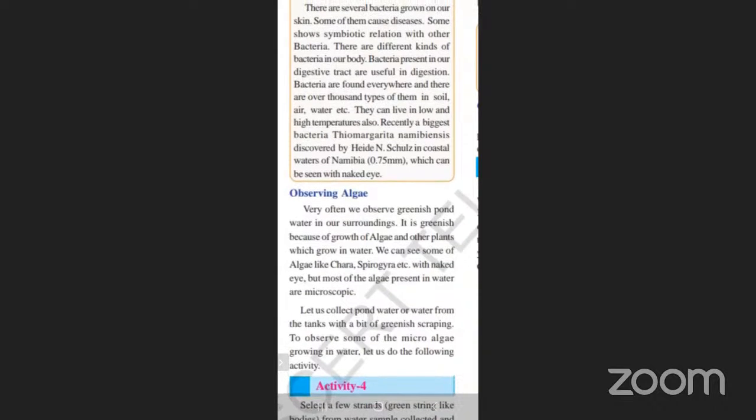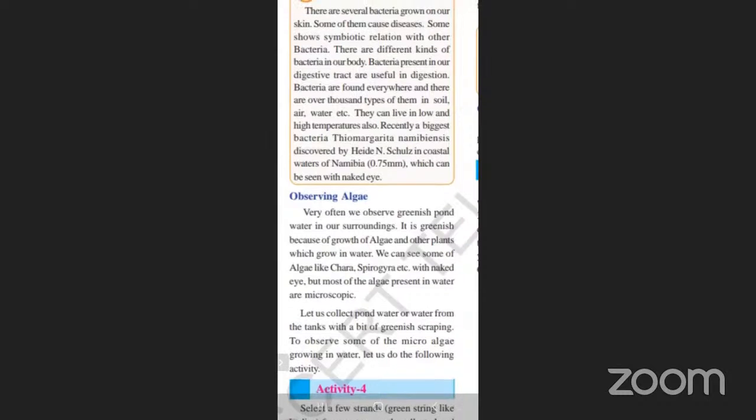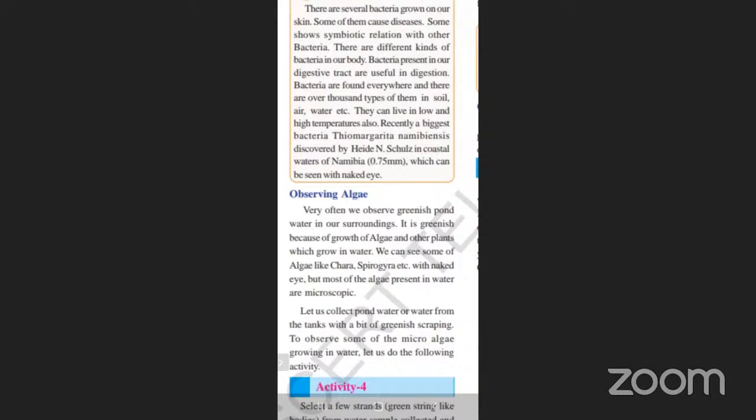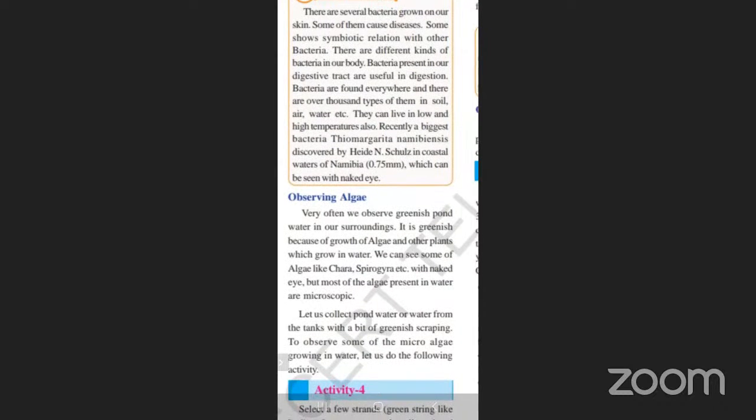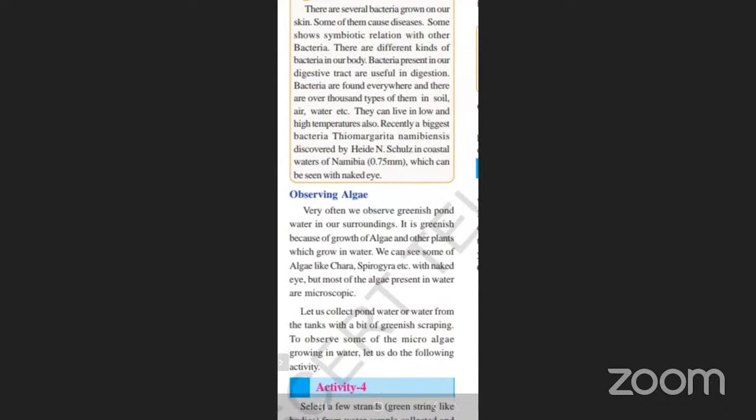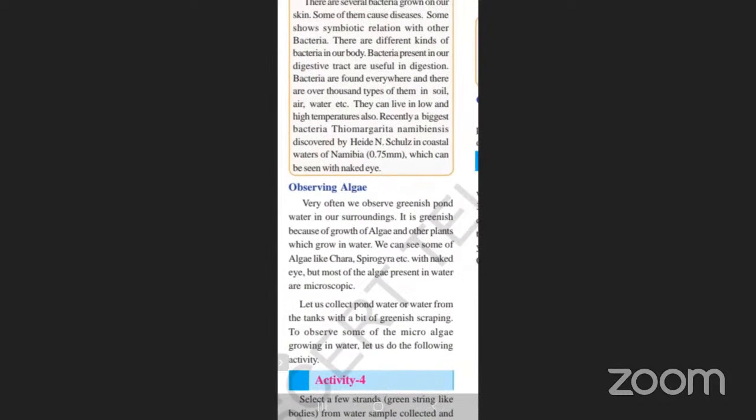That's it. But here, Heide and Schulz in the coastal water of Namibia found the biggest bacteria which can be seen with the naked eye, 0.75 mm.